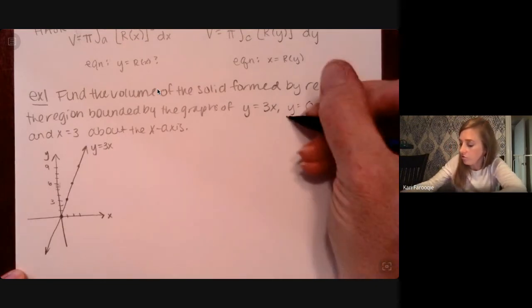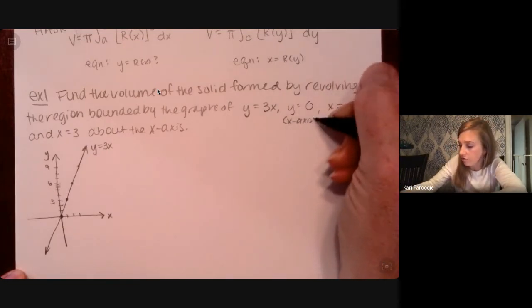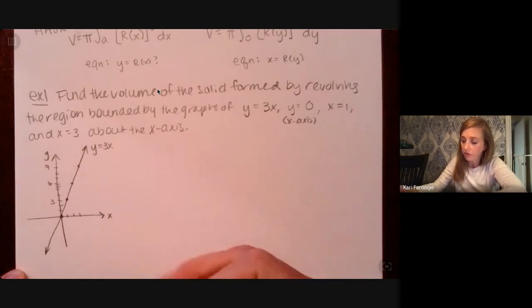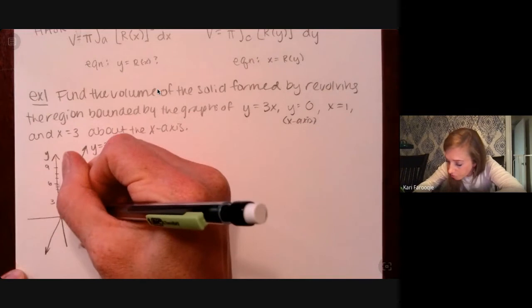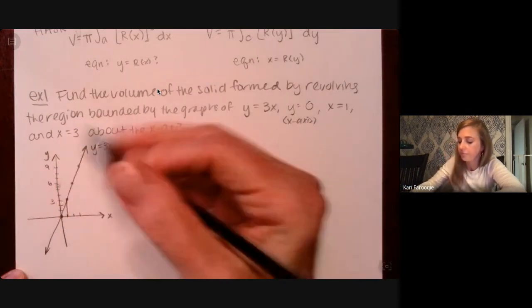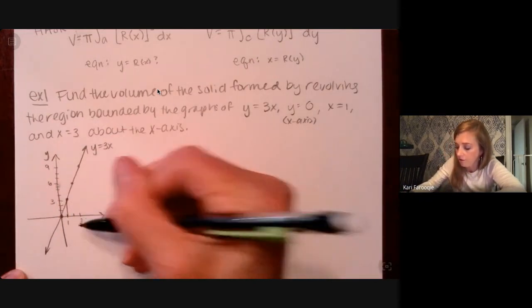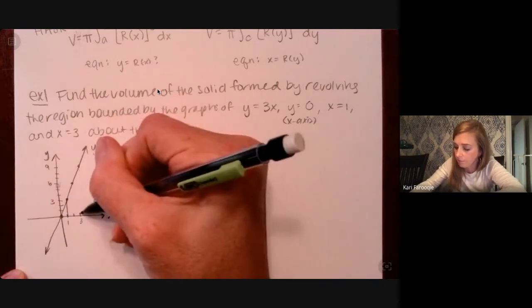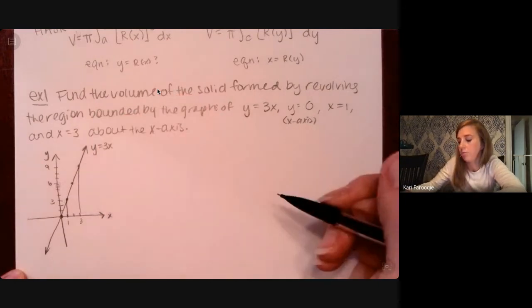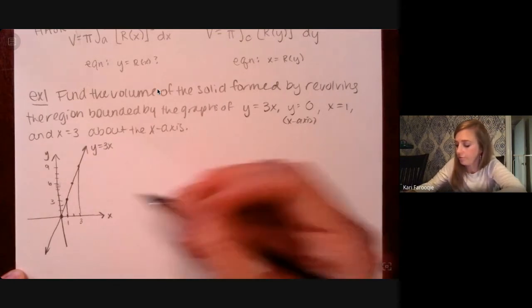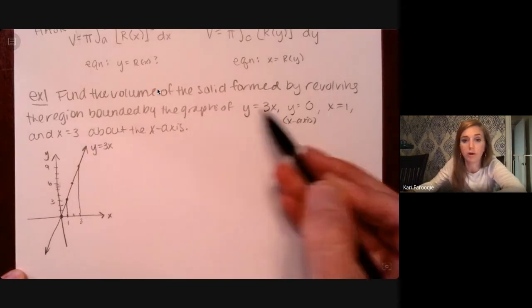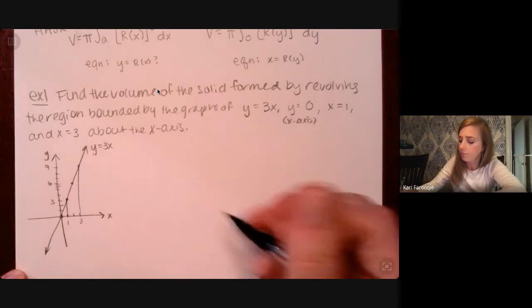Okay, so y equals 0 is the x-axis. Then we have x equals 1 and x equals 3. So there's this point at 1, 3, and there's a point at 3, 9. And again, if you're not sure, you can always plug those in. If x equals 3, y equals 3 times 3, which is 9.